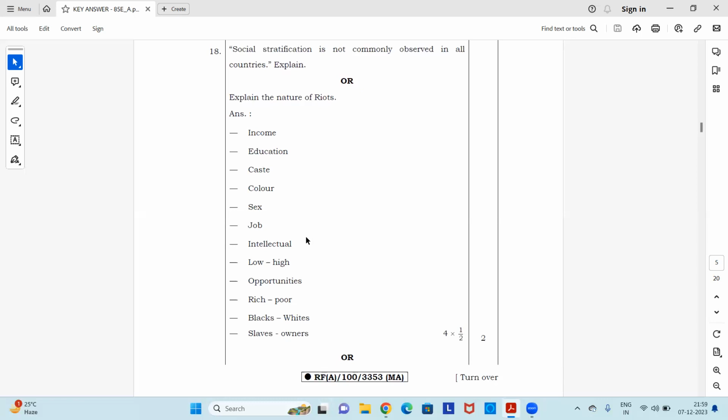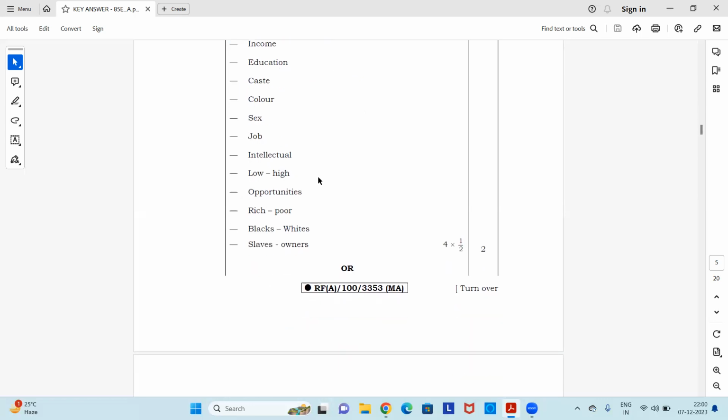This is an easy way to remember it, and then you can just explain it, how the income varies from one person to another. Everyone does not earn the same, and that is how you can write the whole answer. So again, any 4 points elaborated into 2 lines and you will get the 2 marks here.